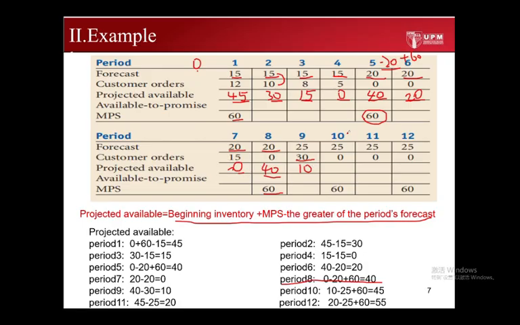Period 10 projected available equals 10 minus 25 plus 60 equals 45. The next period is 45 minus 25 equals 20. The final period projected available equals 20 minus 25 plus 60 equals 45.